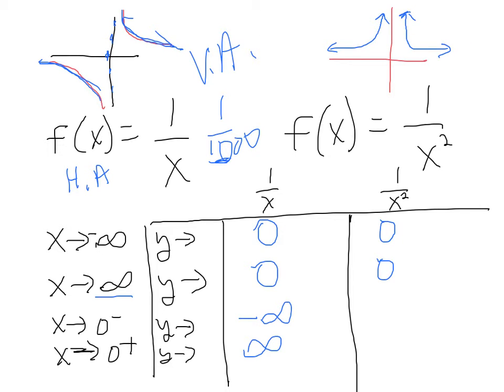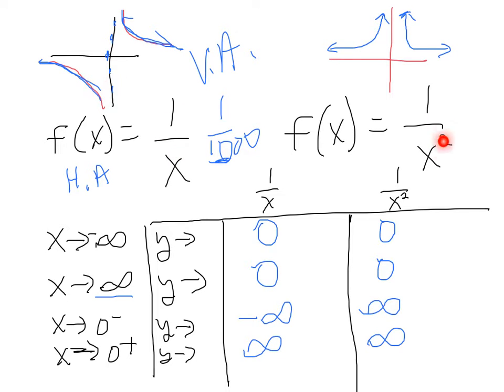And then as I approach 0 from the left, I see I'm heading up to positive infinity. And as I approach 0 from the right, I'm heading up to positive infinity again. So the vertical asymptote, this one's acting very different than how the reciprocal acts.